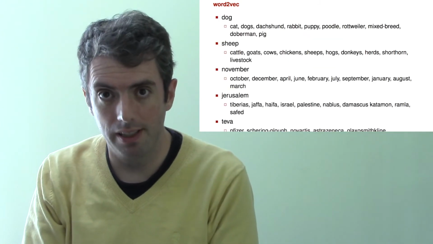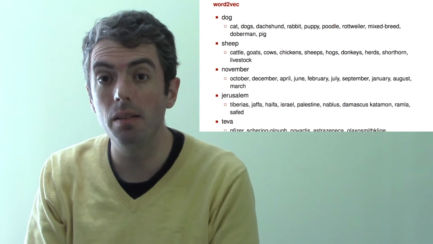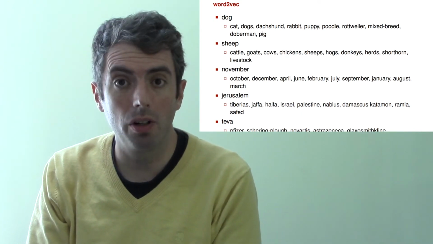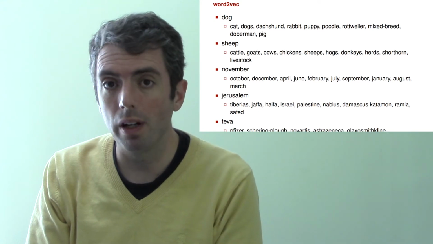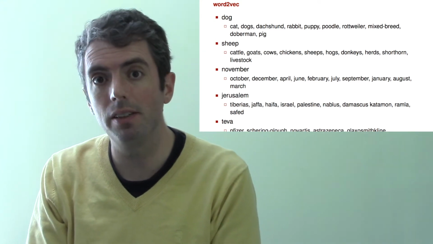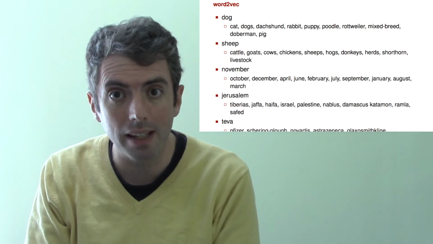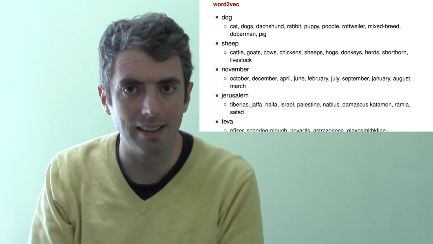The output of Word2Vec are d-dimensional vectors, where you decide what d is, that somehow encode what the words mean. One of the exciting things that you can do once you have these vectors is look at what are the nearest neighbors in this induced d-dimensional space, where you've chosen the dimensionality d.